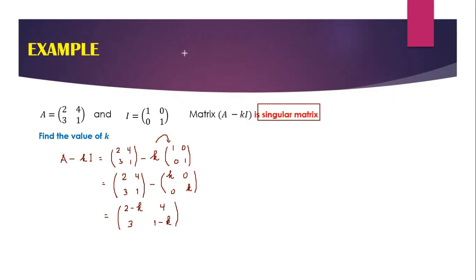A singular matrix means the matrix that has the value of the determinant equal to 0.